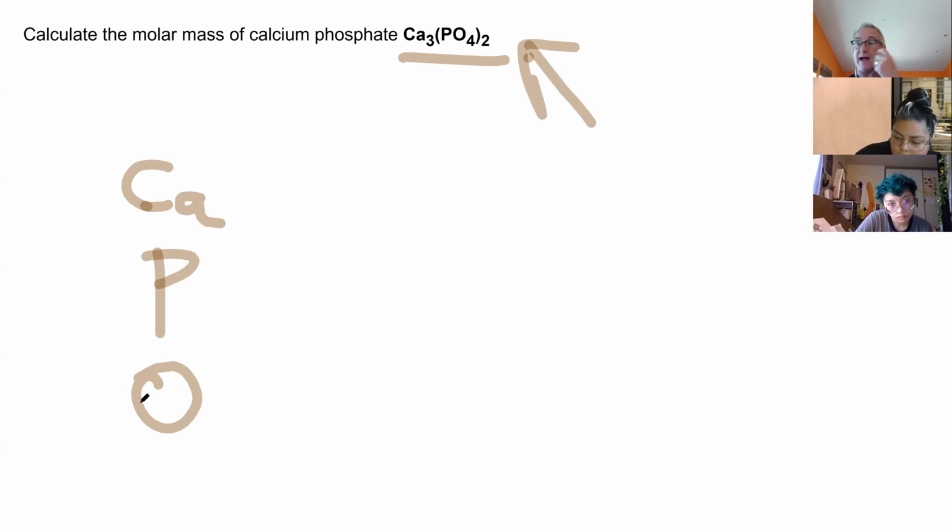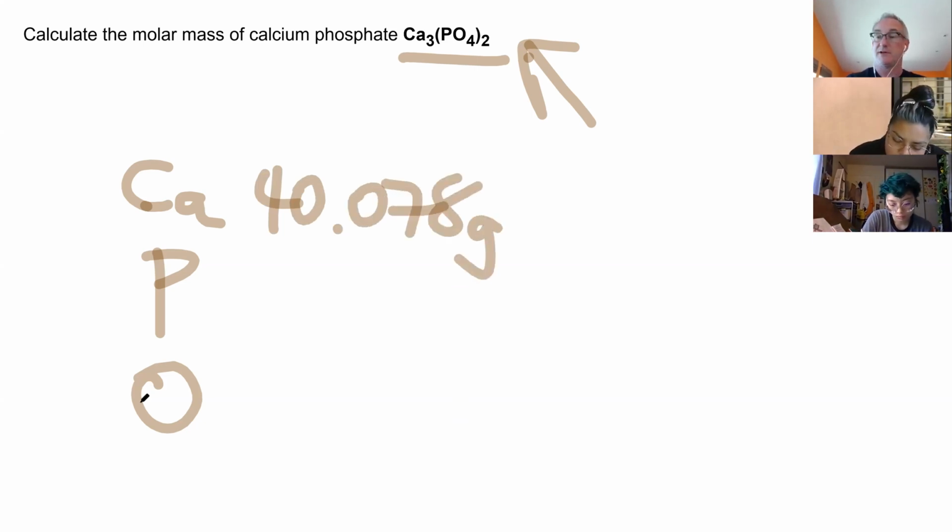And so we have to figure out, when we have this compound, how much of it does a mole weigh? We need to know how many atoms of each element there are. Now we know with calcium, one atom is 40.078 grams in a mole.